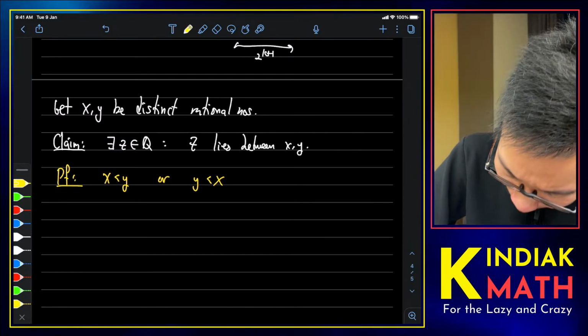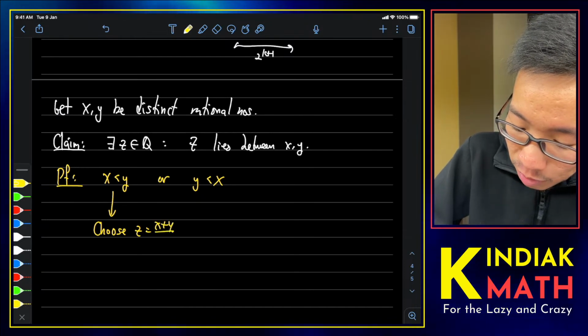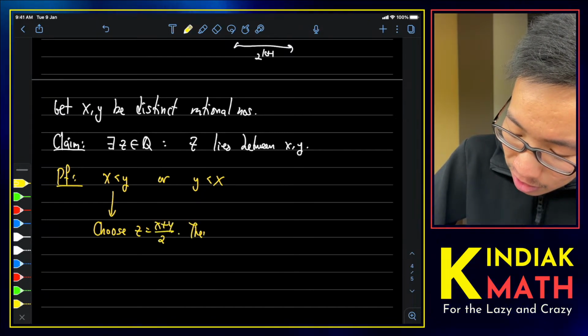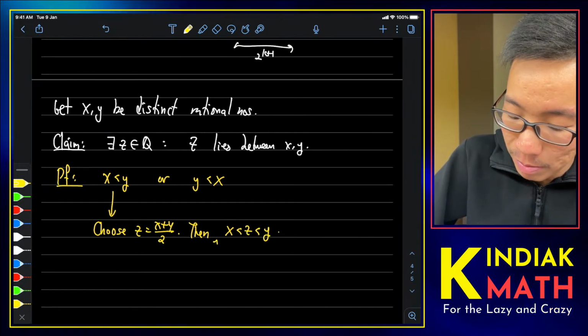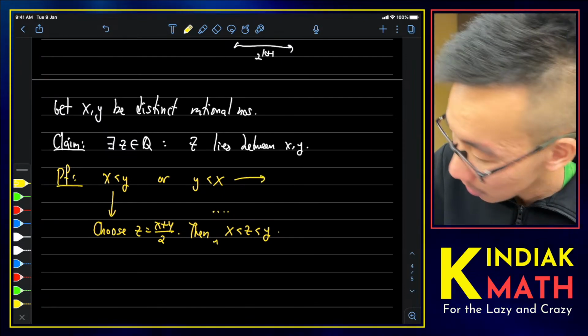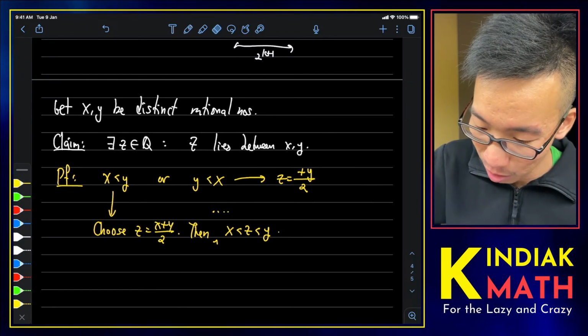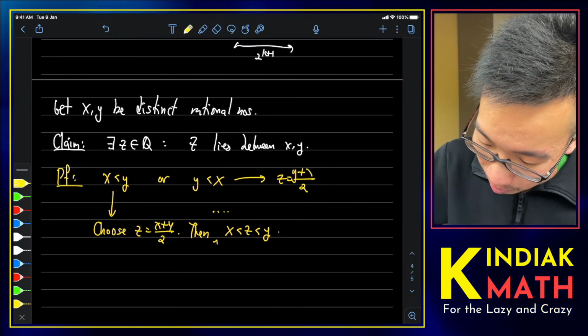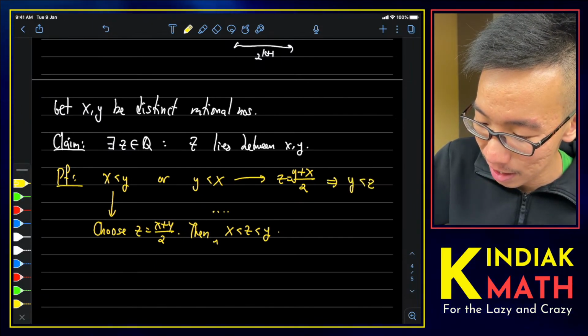In the first case, choose z to be (x+y)/2, then x will be less than z, less than y. Of course, you need to do some algebra here, right? And it turns out that z equals (x+y)/2 as well. In fact, I'm going to use (y+x)/2, which implies that y is less than z less than x.